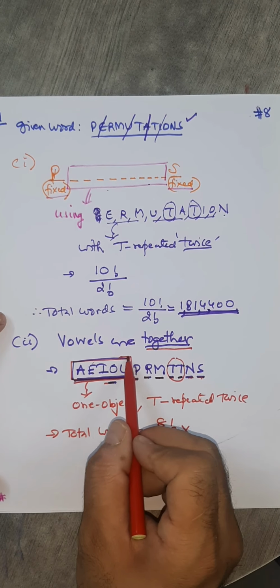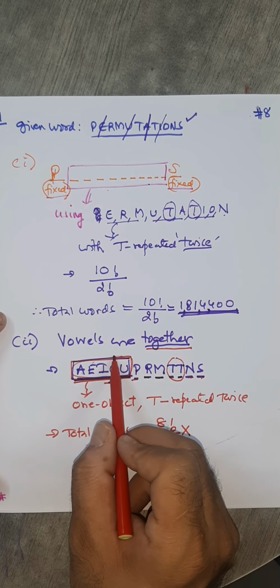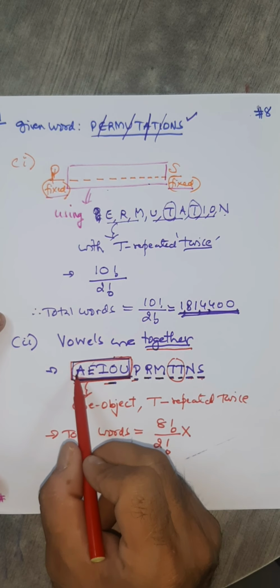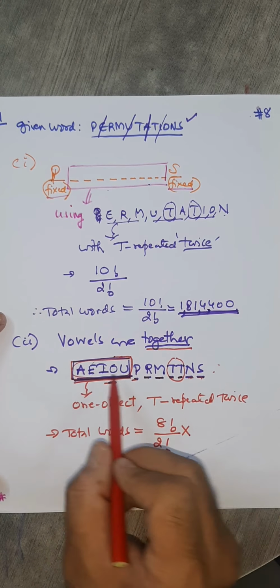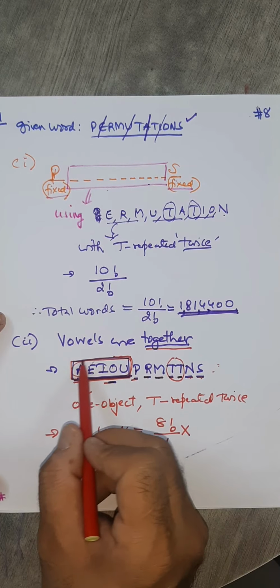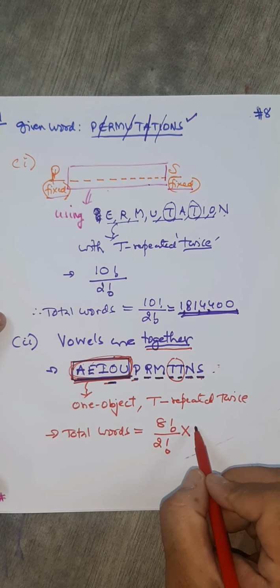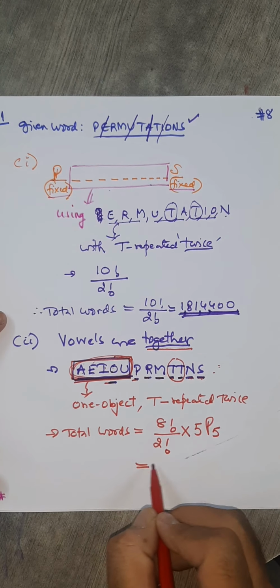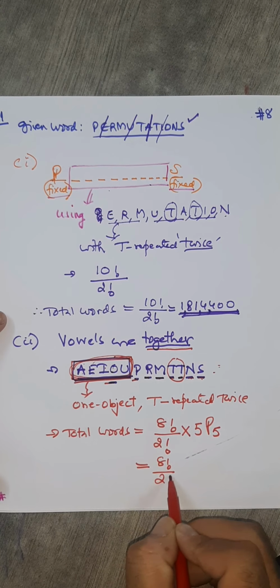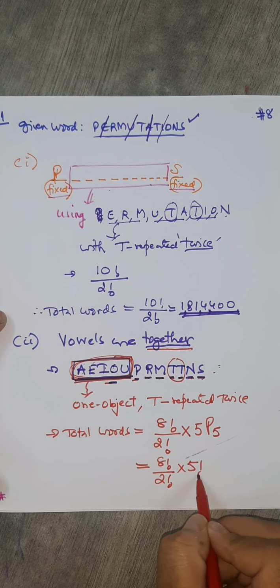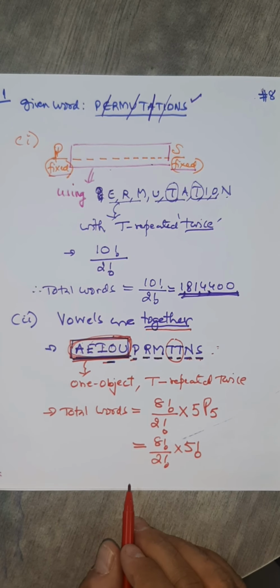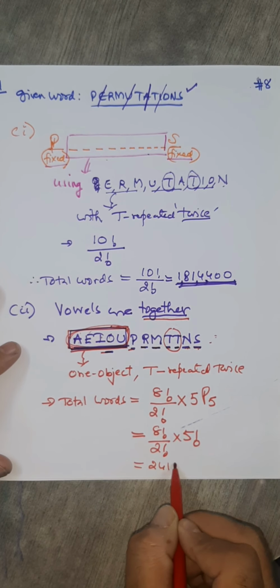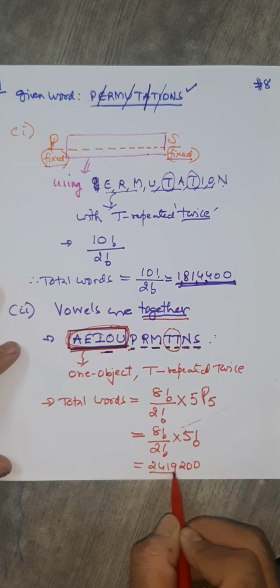That's important: these 5 vowels can be rearranged internally. You can keep E first, or I first, or O first. So how many ways can this be rearranged internally? That is 5P5, 5 ways all different. So 8 factorial upon 2 factorial into 5 factorial. You simplify this, and your final answer is 2419200. Just check.